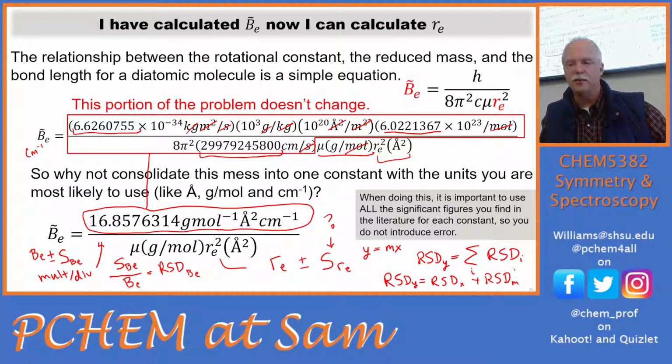Let's see. Yeah, squared. These are all squares. I'm going from memory. And so that's how I propagate these uncertainties.